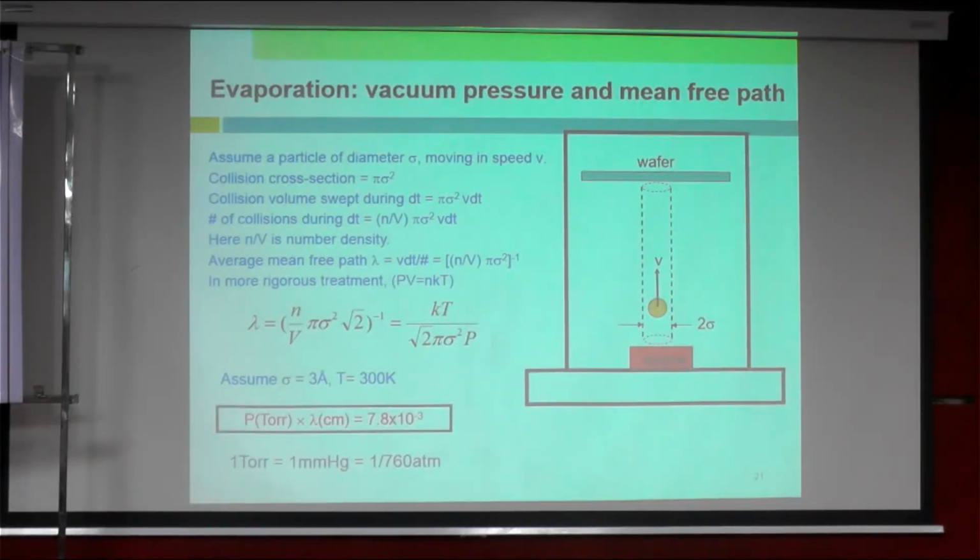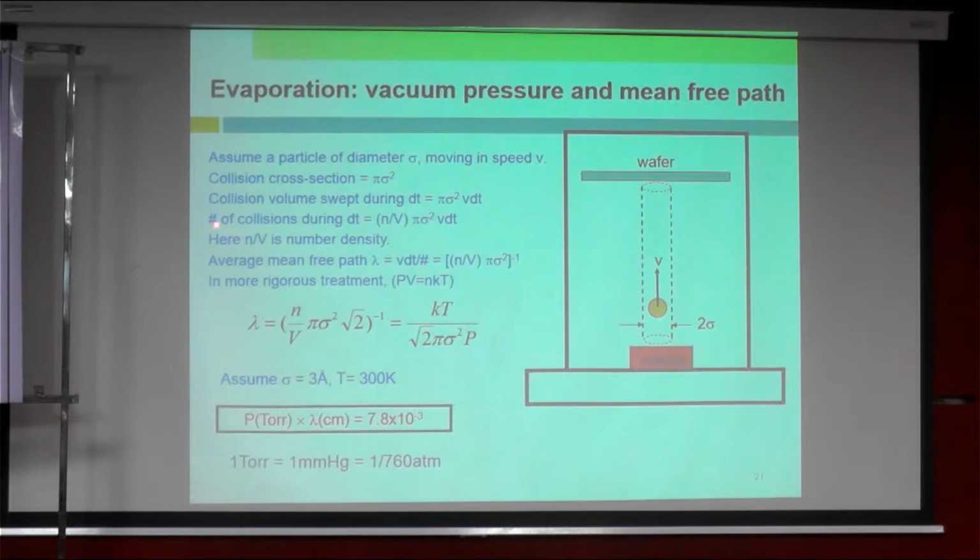In the evaporation process, when we heat up the source here, it will go directly to the wafer. It just flows up to the substrate. Assume a particle of diameter sigma moving at speed v. The collision cross section is pi sigma squared. The collision volume swept during the time delta t equals pi sigma squared v dt.